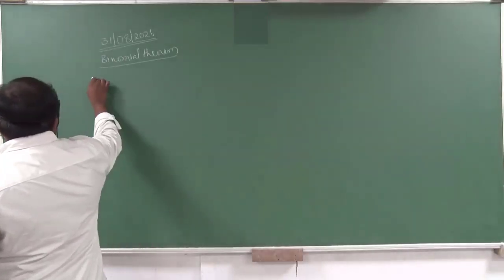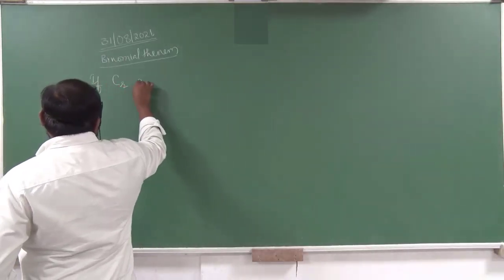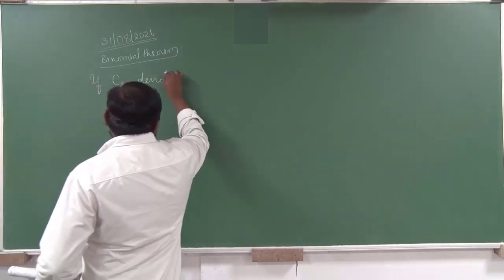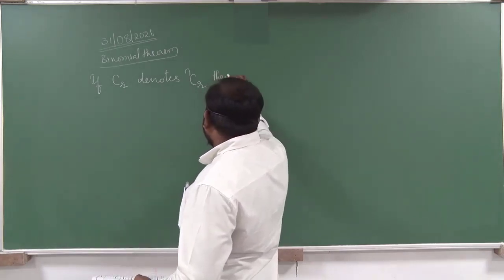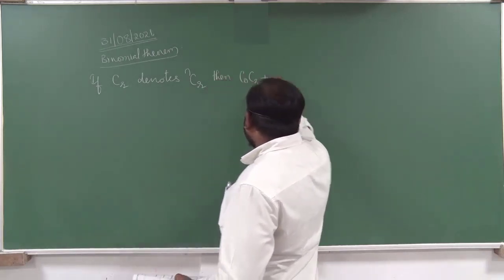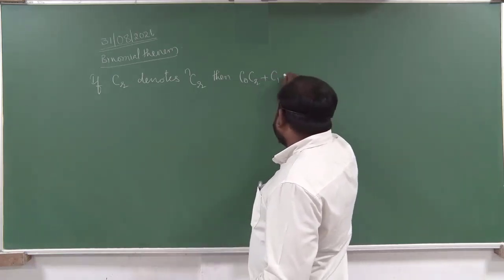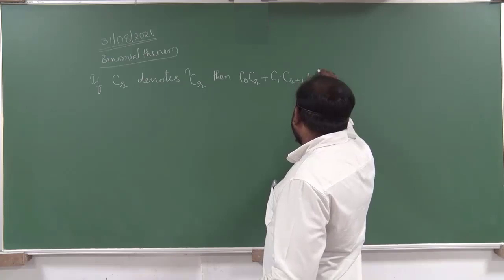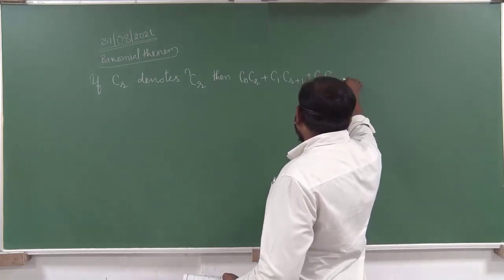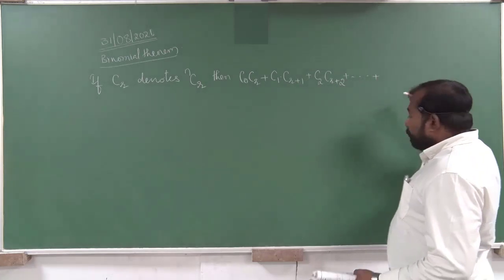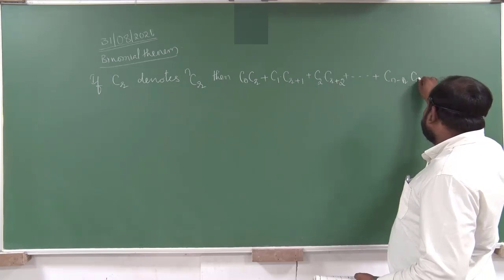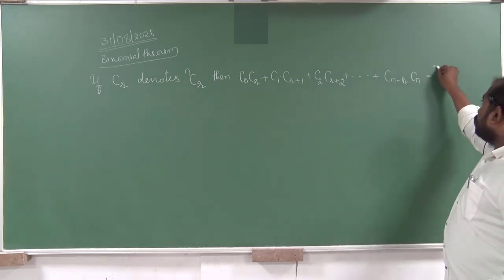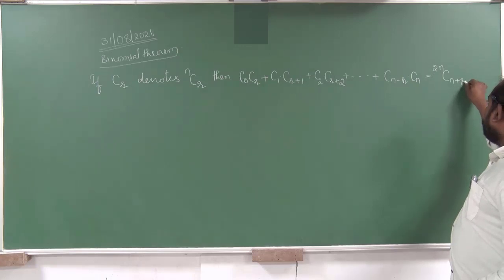Now here is one theorem. The theorem is, if Cr denotes nCr, then C0 into Cr plus C1 into Cr plus 1, plus C2 into Cr plus 2, plus so on, plus the last value, Cn minus r into Cn, is equal to 2nC n plus r.